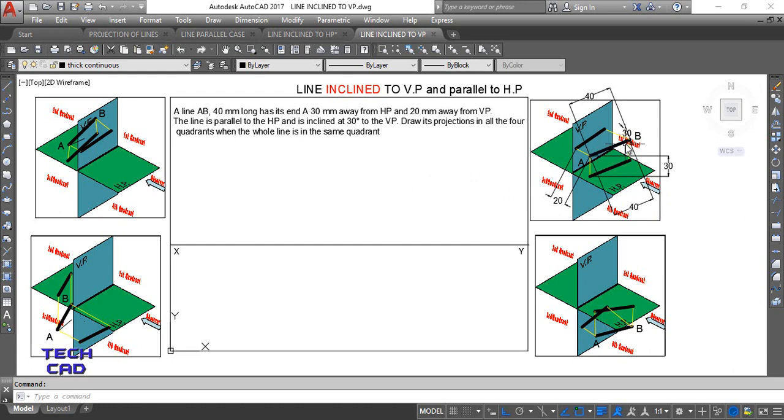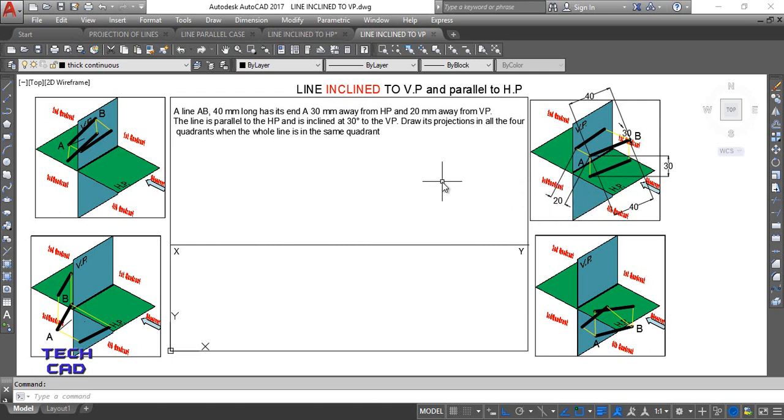So this is your line AB. Okay, so you can see here the line AB and end A is above HP 30 mm and in front of VP 20 mm if I take my line in the first quadrant.